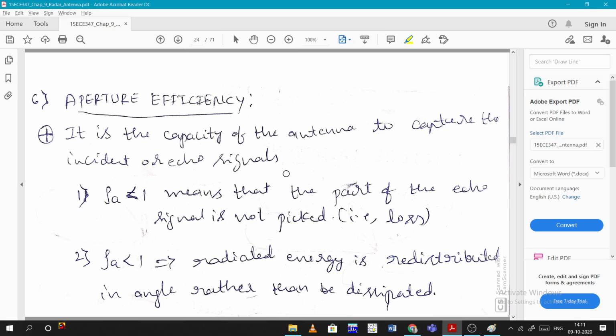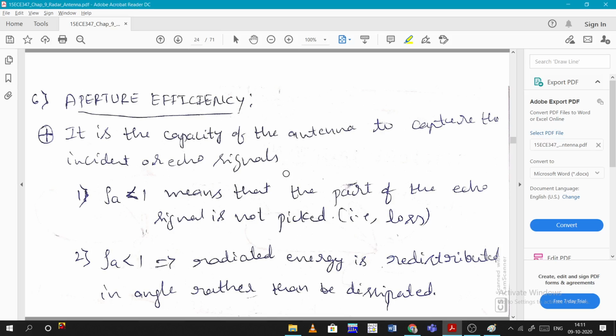So what it means when rho a is less than 1, basically it means that part of the echo signal is not picked up, and the radiated energy is redistributed in angle rather than dissipated.